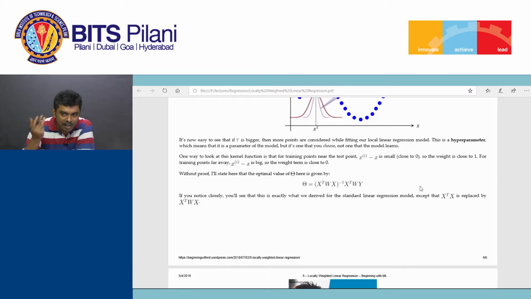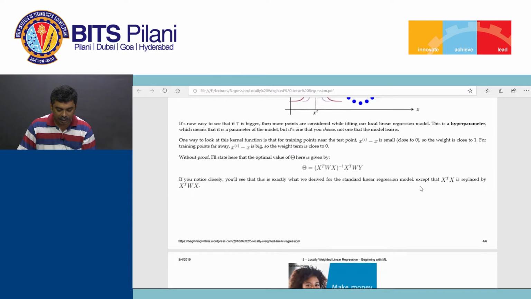The way to estimate parameters using matrix vector notation, if I don't have the local weighting, is that theta equals x transpose x inverse times x transpose y. This is in fact known as the pseudo inverse. I'll tell you why this is the case in a linear regression model.